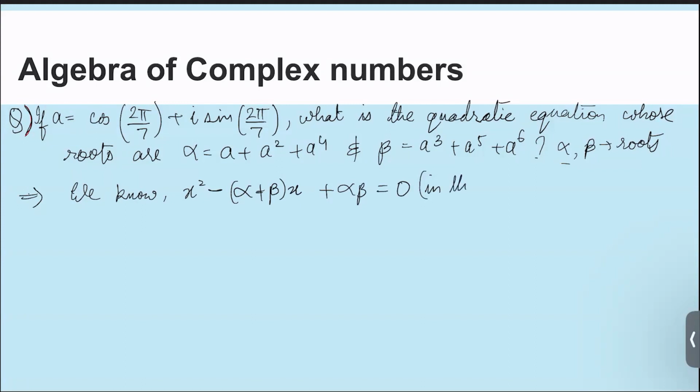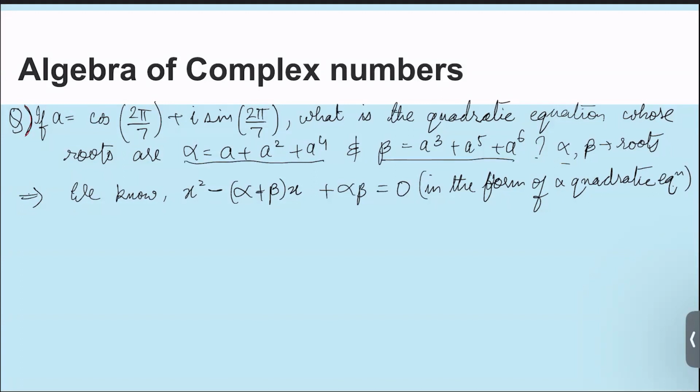In the form of a quadratic equation. So we know this. Now we are given the two roots over here, alpha and beta.